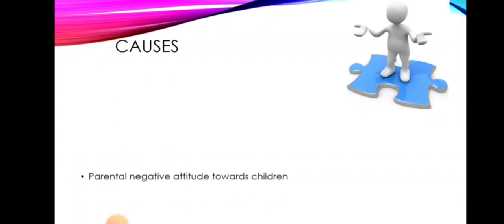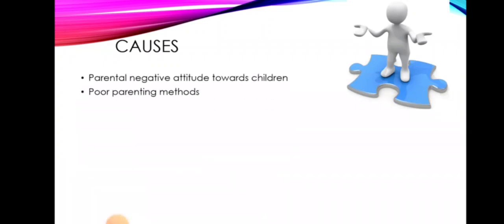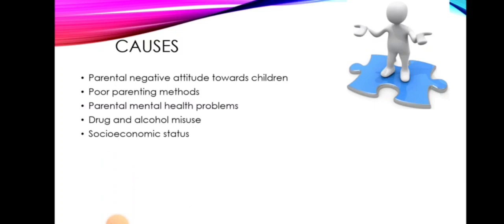Next we will see the causes of child abuse. First one, parental negative attitude towards the child. Next, poor parenting methods. Third one, parental mental health problems, like if the parent has depression, schizophrenia or mania, this leads to child abuse.